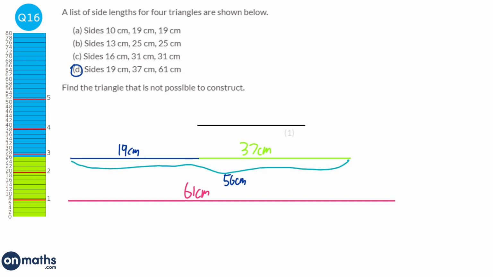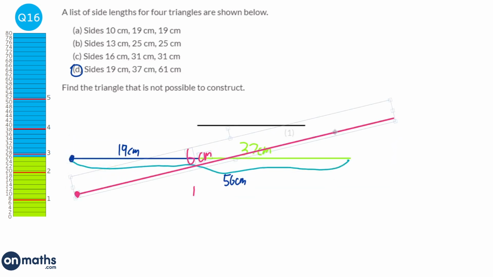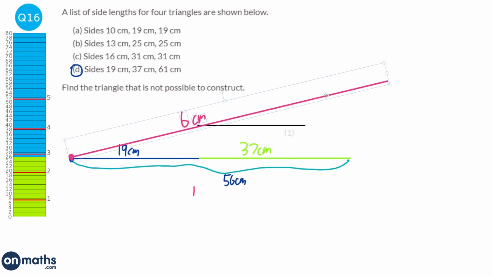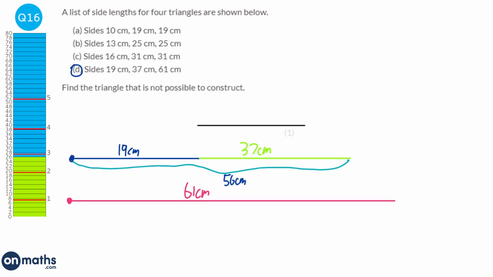We could move this whole stick onto this side here, but we can't actually make a triangle with it, because the two lengths that we've got won't ever reach the end bit here. They just won't ever reach that bit to be able to create the triangle. I'm just going to put that back. So our answer is option D.